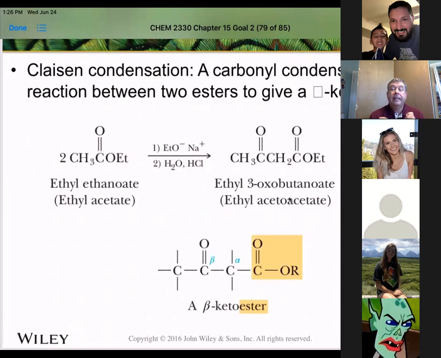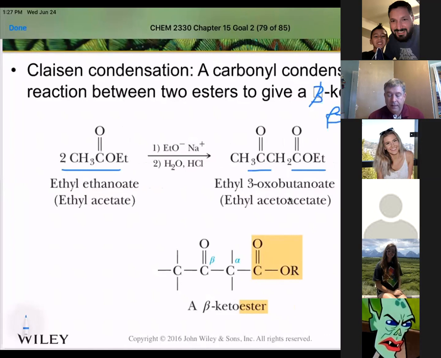In a simple Claisen, which is where you take two equivalents of the same material and half an equivalent of base to react with itself, what we get is a keto ester. This should be a beta keto ester here. Okay, so aldol, we got a keto alcohol. Claisen, we get a keto ester.